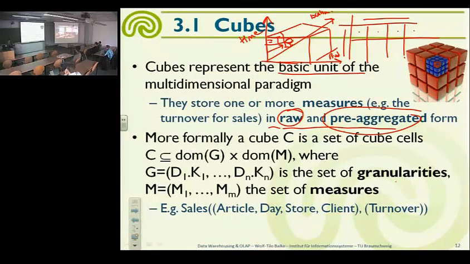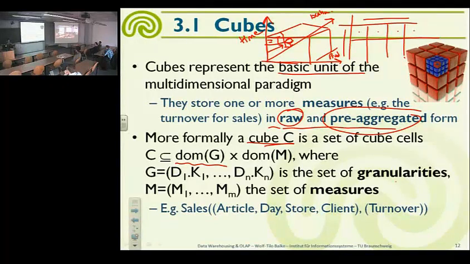So the cube, when you start building it, is basically a Cartesian product of the granularities of the different dimensions that you have, and you would typically use the basic granularity. So you start off with the day, which was the smallest granularity in the time dimension. You start off with the article, which was the smallest granularity in the product. And then, because when you have the finest granularity, you can start building up the aggregates for the bigger ones.